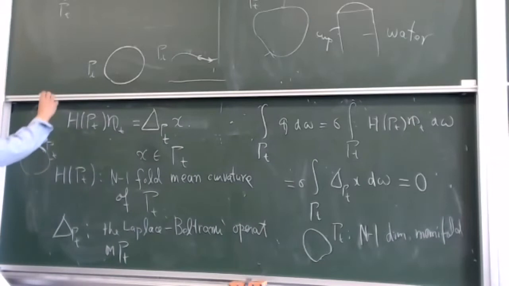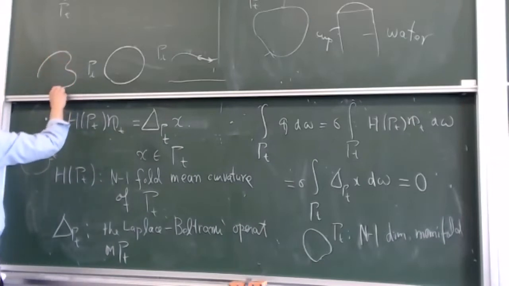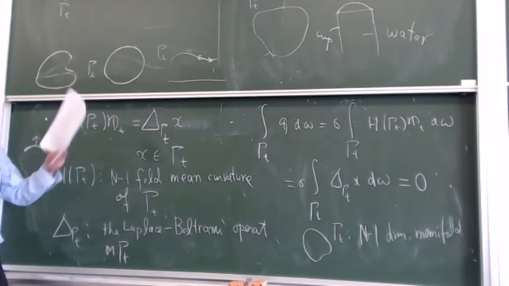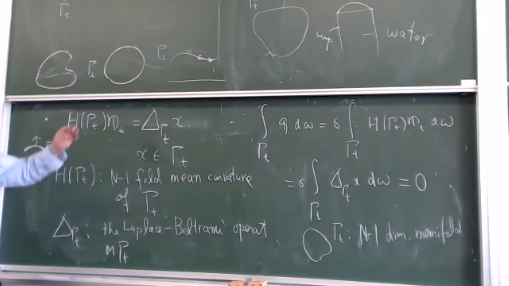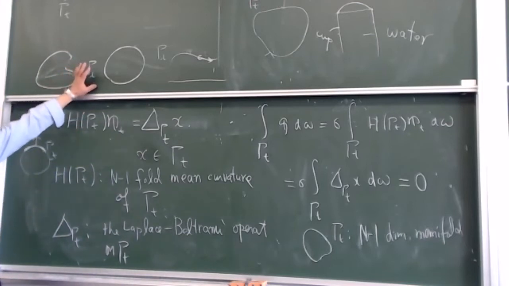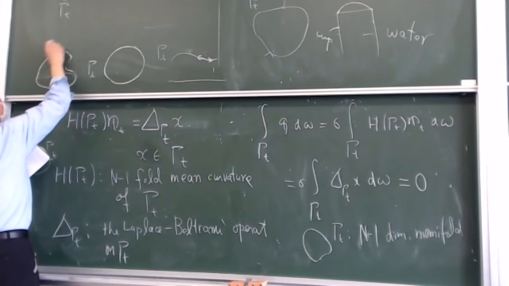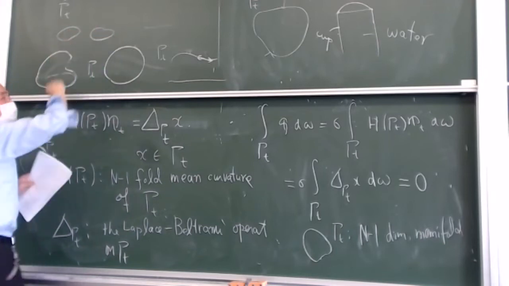But if the surface is, for example, like this, and some part is non-convex, then unfortunately the time evolution is such that the surface tension doesn't give you a stable shape of the boundary. Usually, mathematically, the final shape is going to split into two parts.